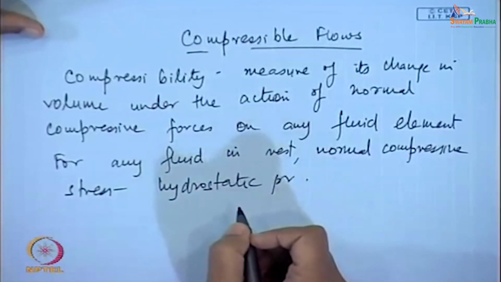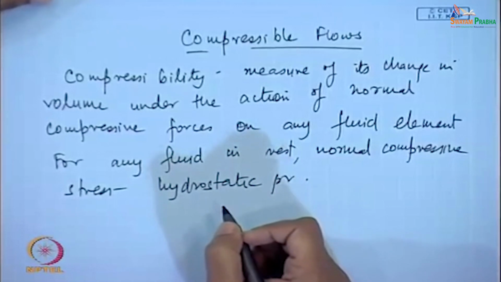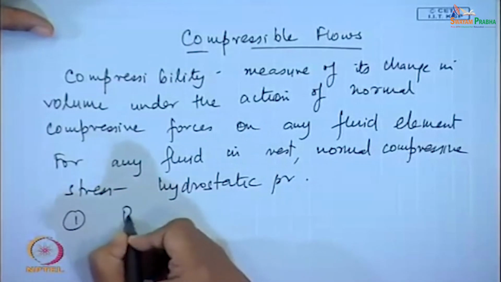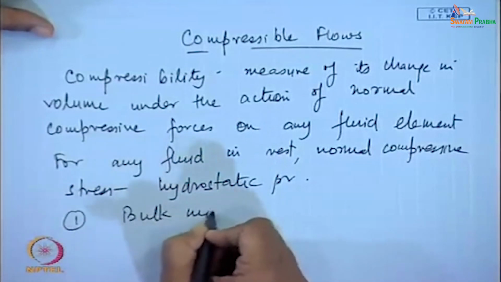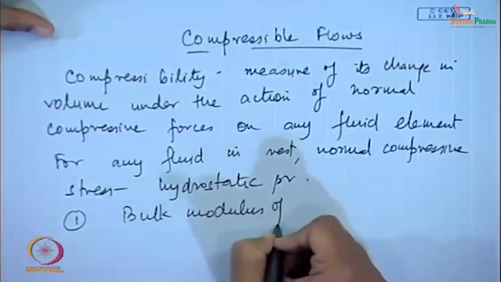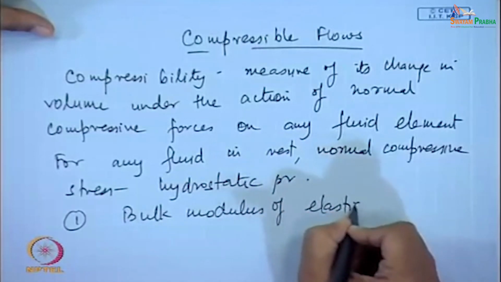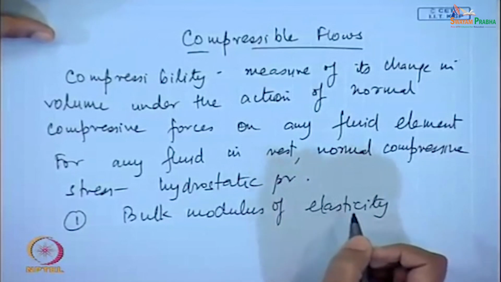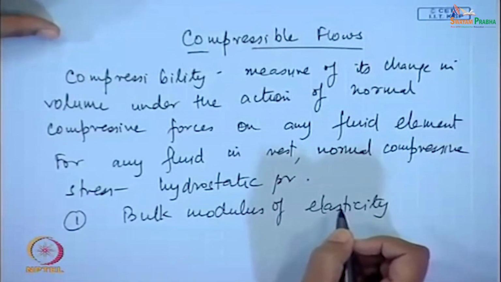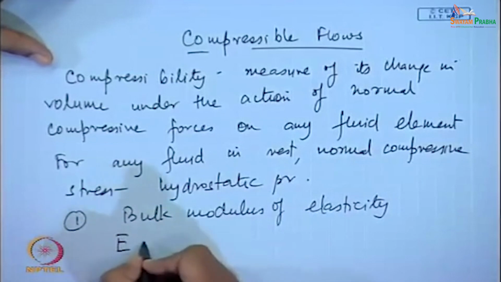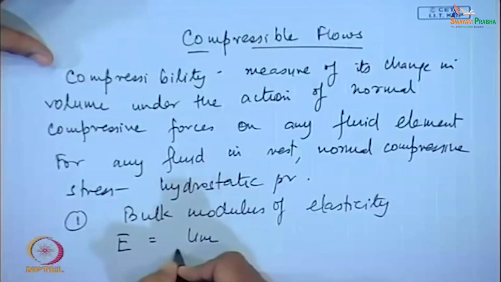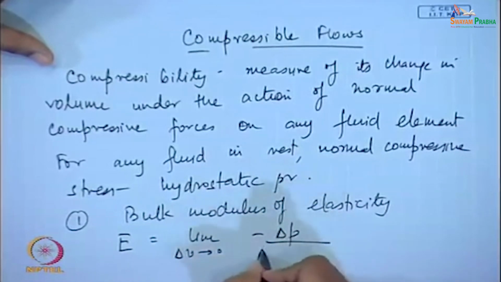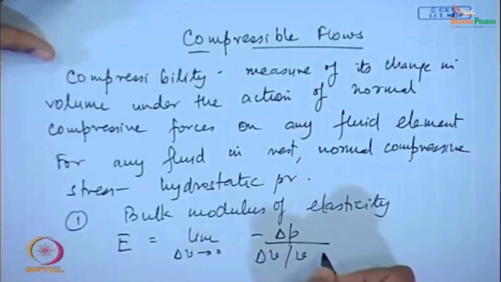So, the degree of compressibility is usually characterized by two parameters. The first parameter is the bulk modulus of elasticity, which is usually defined, you know these definitions probably, in this particular form.